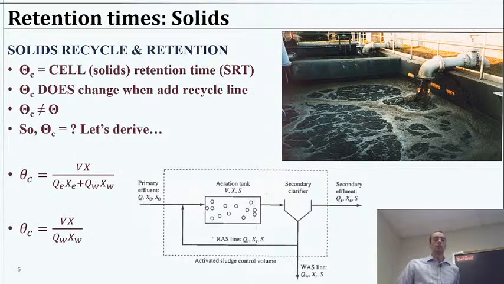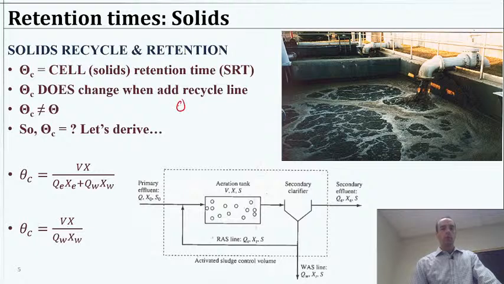Now, we do have control, and we can change something called solids retention time. Some people also call this cell retention time, and so that's where we get a theta C: theta for retention time and C for the cells inside, the bacteria cells. This is a description for the amount of time that the mass of bacteria stay in our system.